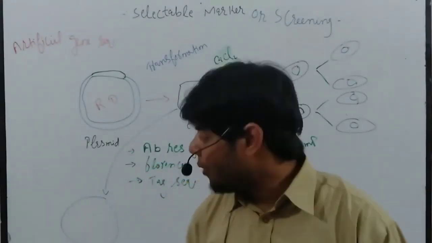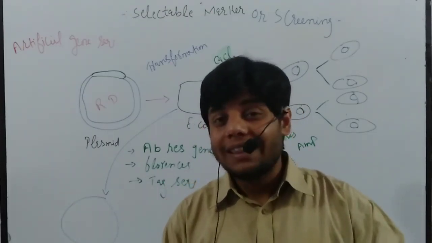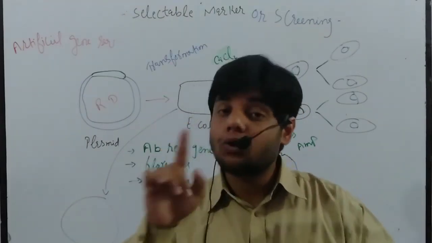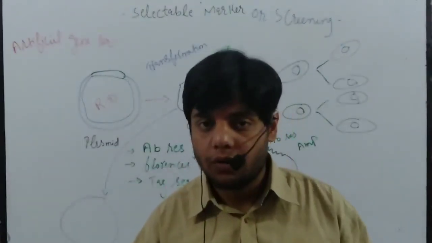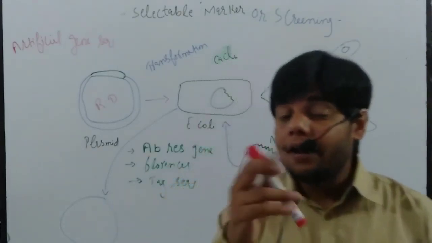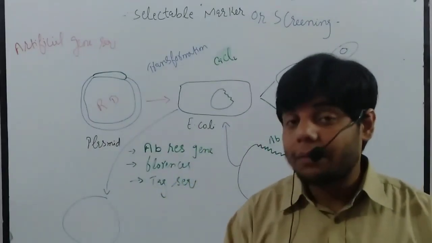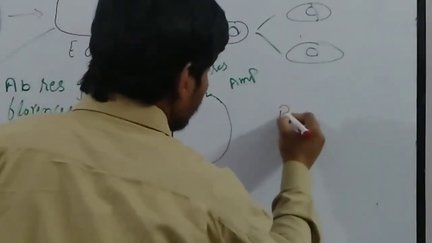The antibiotic will kill them. So the bacteria which grow show that your gene of interest is present. That is called screening, and that is called the positive selectable marker.